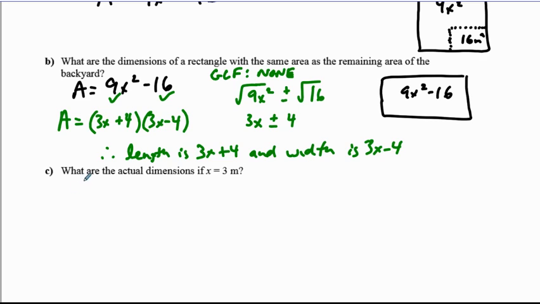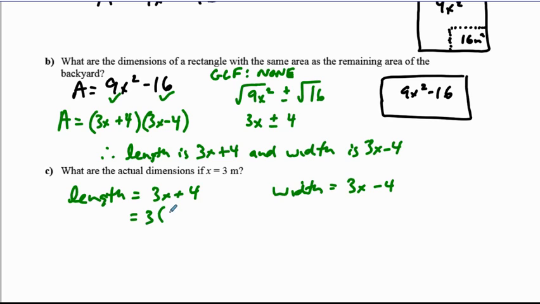Then it says, what are the actual dimensions if x was actually equal to 3? So substitute. Length equals 3x plus 4. Width equals 3x minus 4. So 3 times the new x value of 3 plus 4 is 9 plus 4, which is 13 meters.